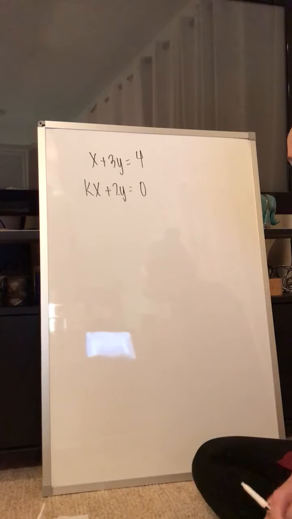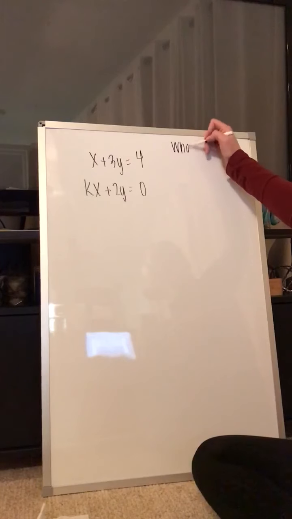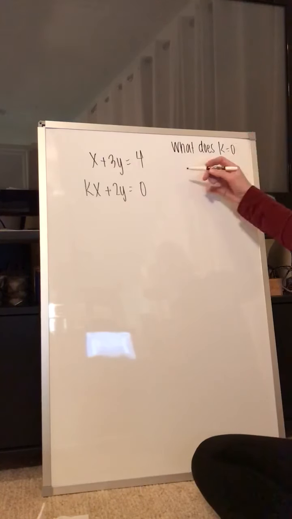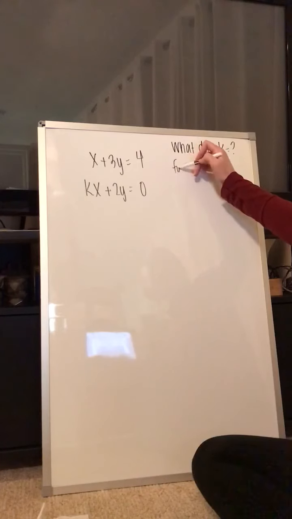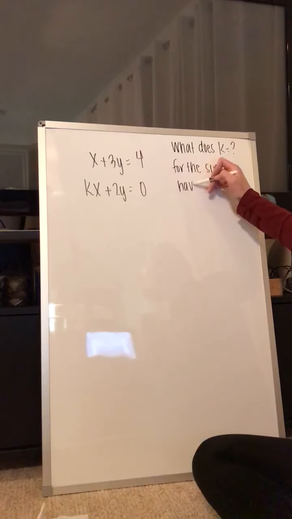Basically what I want to know is, for what value of k does the system have no solution? So what does k equal for the system to have no solution?